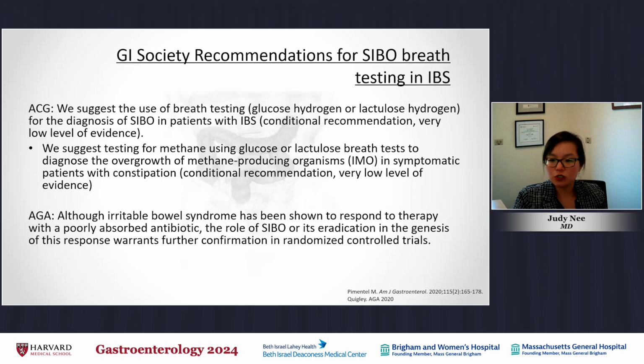And so the ACG in their IBS guidelines do suggest the use of breath testing, whether that be glucose or lactulose, for the diagnosis of SIBO in patients with IBS. They also secondarily suggest testing for methane using glucose or lactulose specifically for constipation. Both of these are based on very low level of evidence, conditional recommendations.